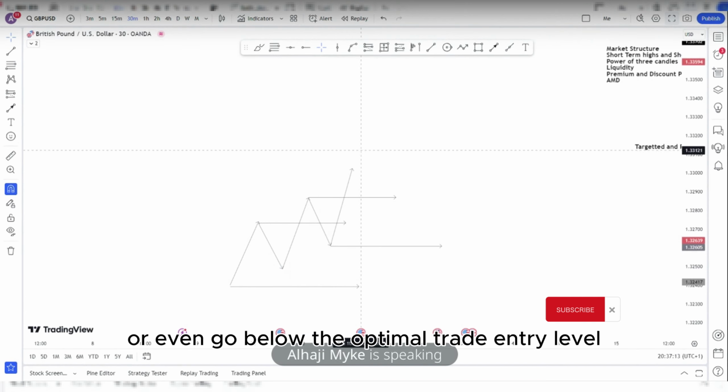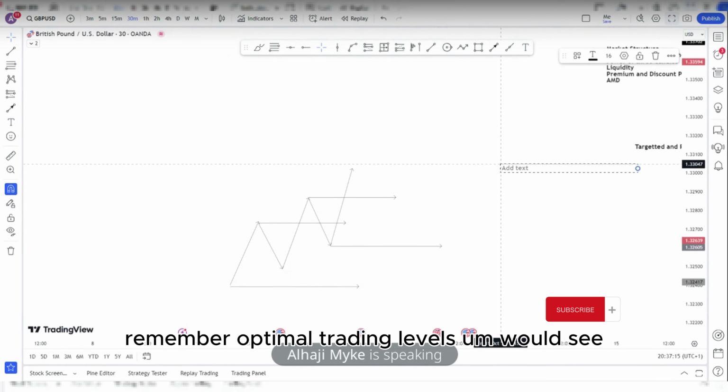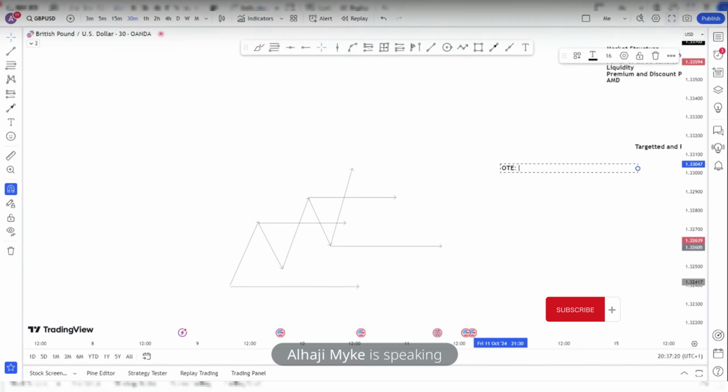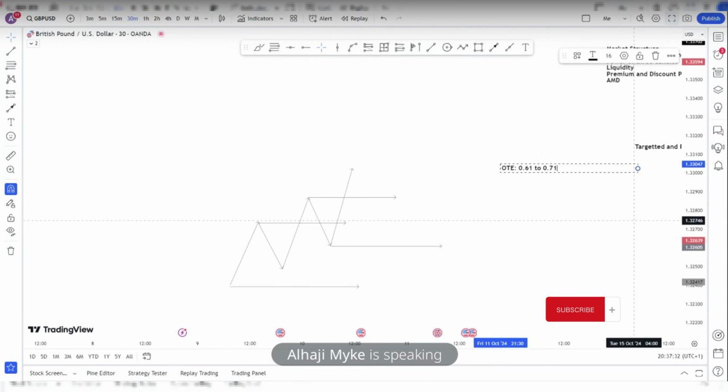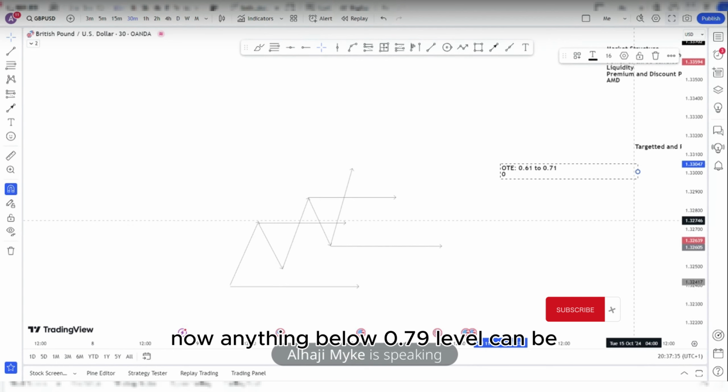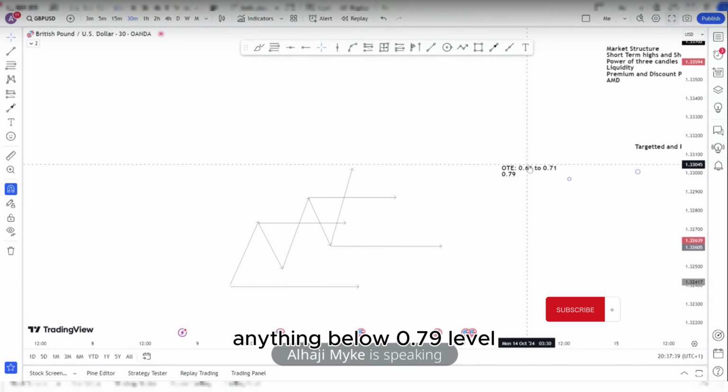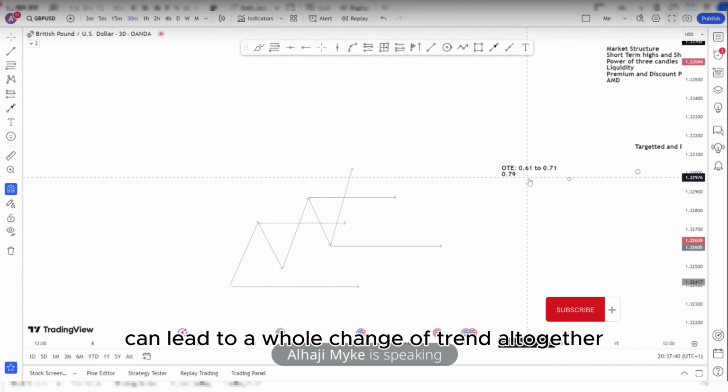The optimal trade entry levels are 0.61 to 0.71 levels on your Fibonacci tool. Now, anything below the 0.79 level can lead to a whole change of trend.